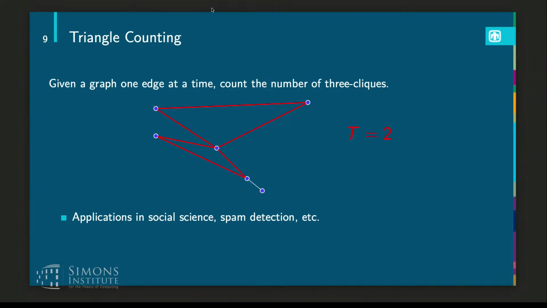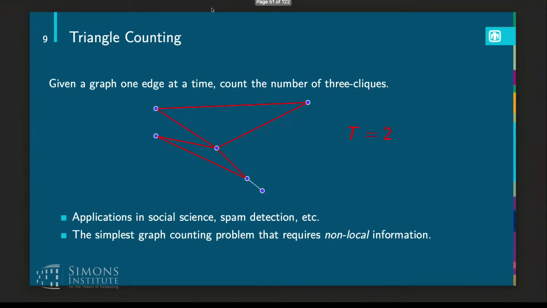But even more than that, it's been studied a lot in both the theoretical setting and more experimental streaming algorithm settings, because it's a very natural benchmark problem. It's the simplest subgraph counting problem you can think of that is non-trivial, in that you can't just write down the triangle count in a graph as a sum of statistics of local neighborhoods of the graph.